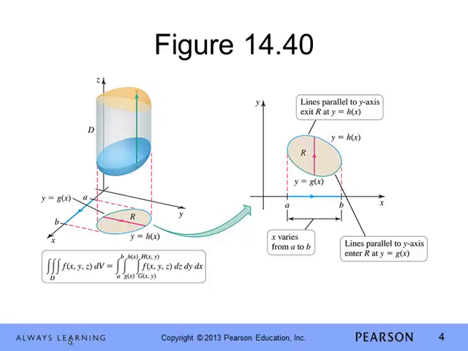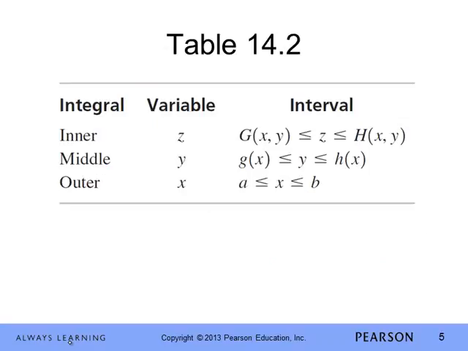And so you will end up with three integrals. The innermost integral will have limits involving potentially functions of two variables.